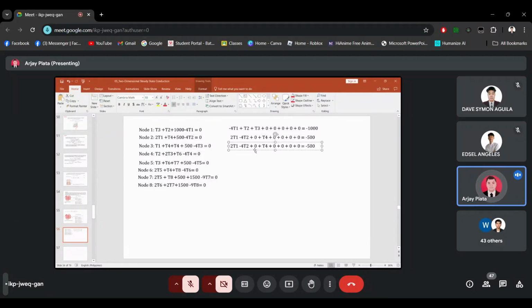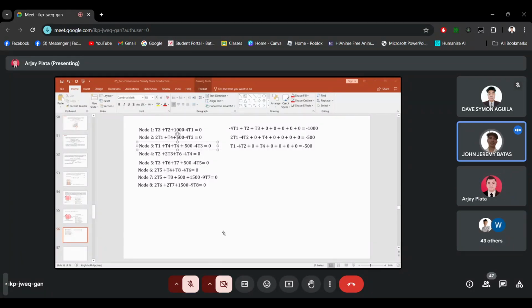Okay, so node 3. We have T1. We don't have T2. Why is it 2T4? Dalawa yung T4. So what's correct here? T5 po. Ah, okay, sorry, T5.